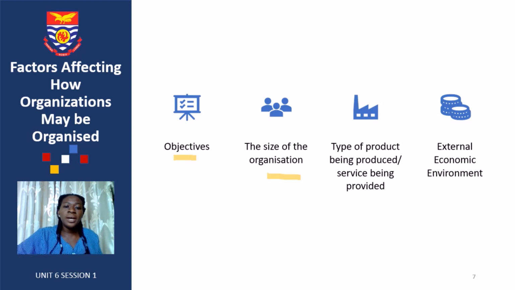Now, also when it comes to the type of product being produced or the type of service being provided, all of this is going to affect the type of organization that is going to go on, because at the end of the day, in as much as there are some basic principles, we would organize each product line or each activity differently from the other product, service, or project.